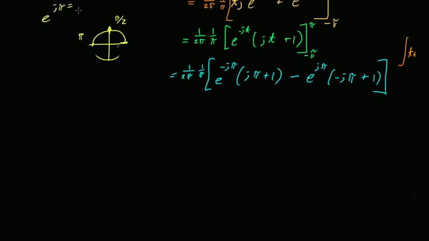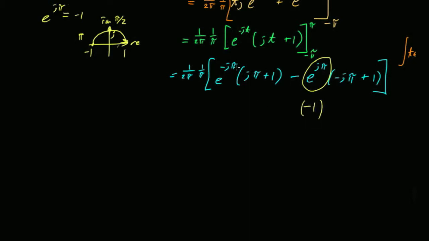Real, imaginary. Here's e to the j 0, here's e to the j pi over 2, here's e to the j pi. So if that's positive 1 and that's j, this number best be negative 1. Okay, so this number is equal to negative 1.